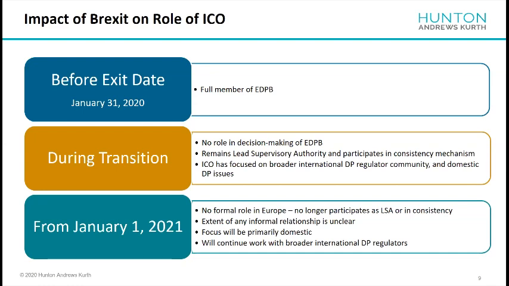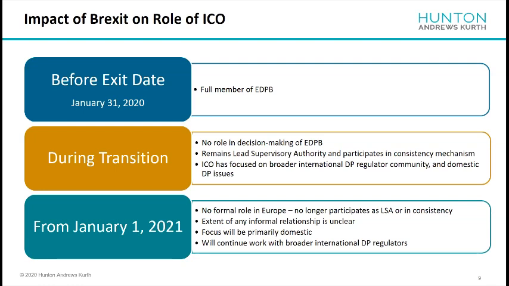Its focus will continue to be domestic, but it will also focus on the broader international data protection community, including the US. And then finally, one further point to note is that as the UK won't be part of the EDPB or the consistency mechanism from the 1st of January, it's possible that in the event of enforcement action, a company might find itself facing investigation by both the ICO as well as an EU regulator, and possibly 2 sanctions.